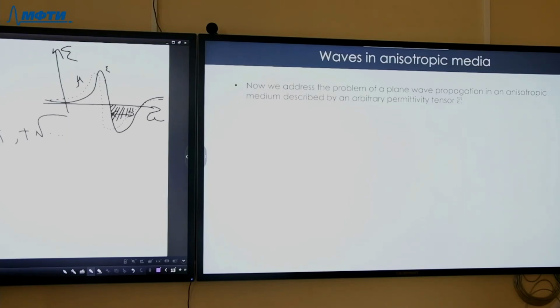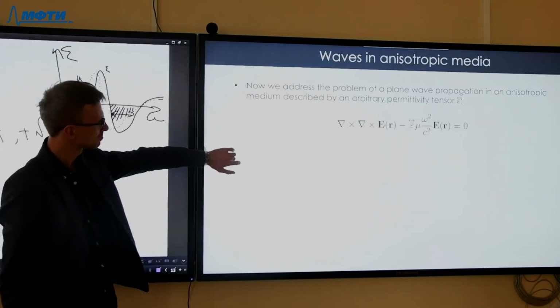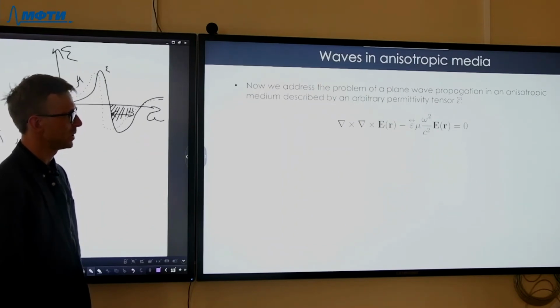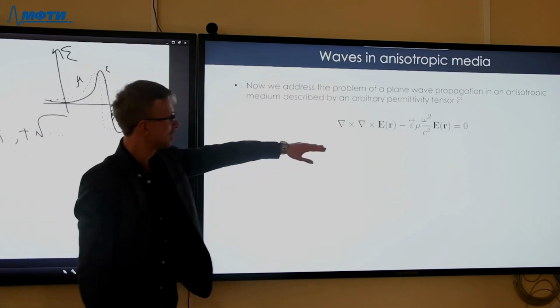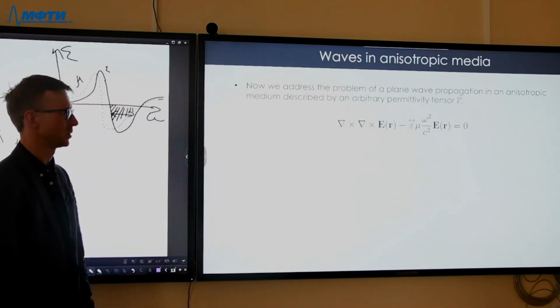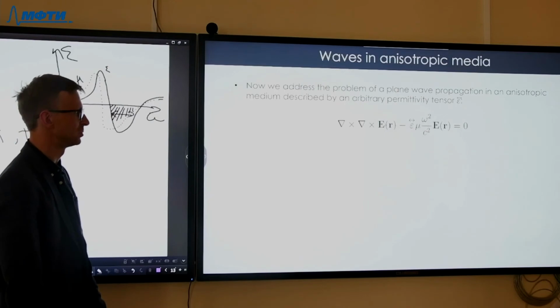Well, we're going to have to start with Maxwell's equations again and slowly work our way to obtaining a dispersion relation. We have the Helmholtz equation, but now we can't replace this with the Laplacian, right? Because it doesn't work in an anisotropic medium, so we have to be more careful.